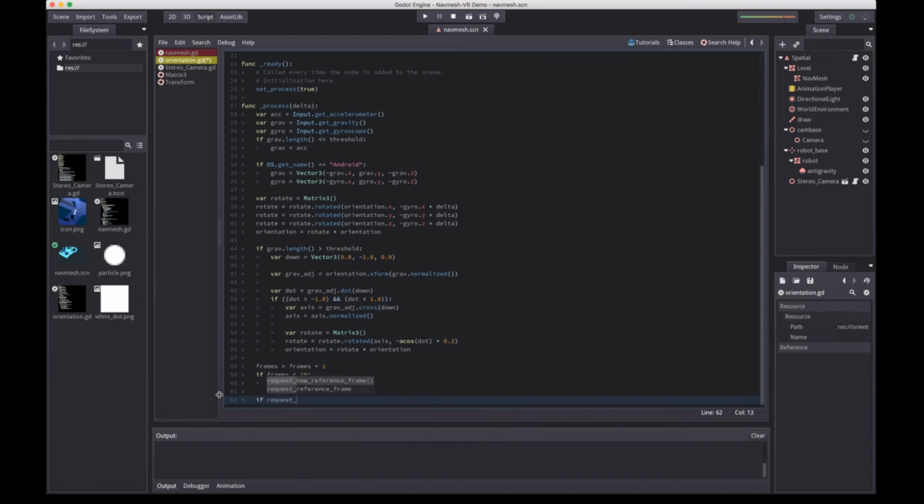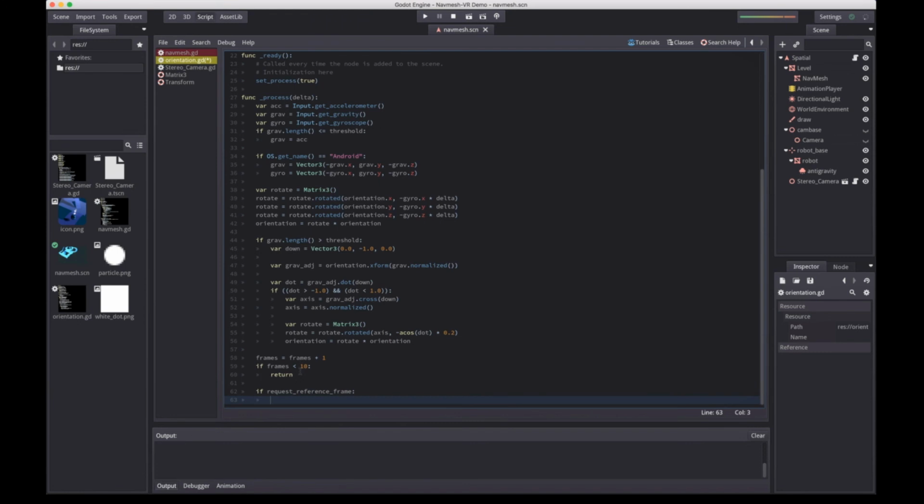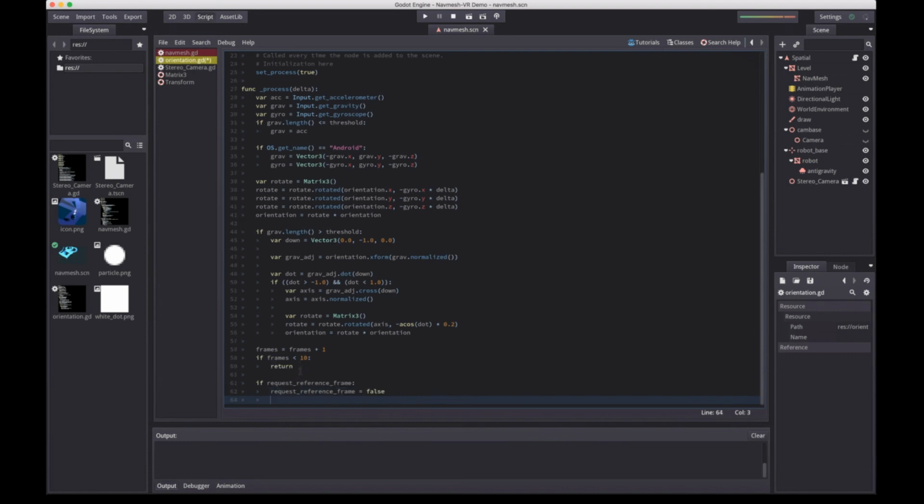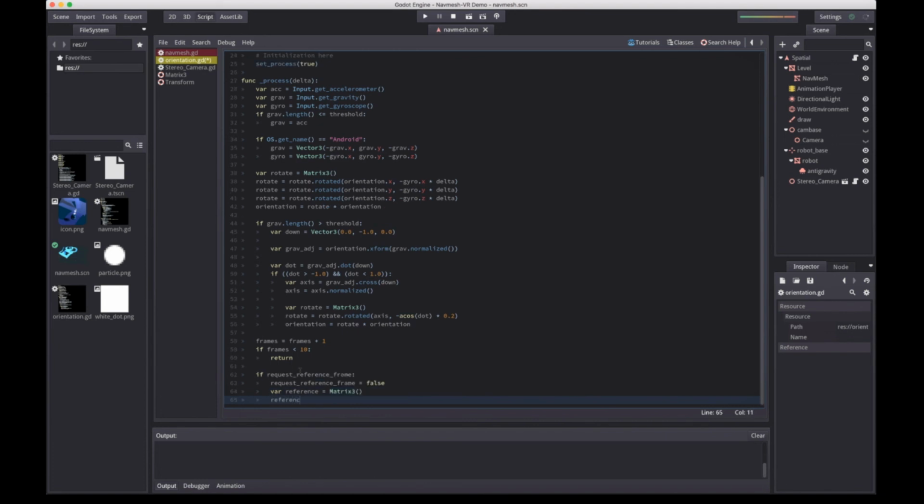But if I am past frame number 10, I'm going to check was a new frame requested, then I need to go and update this. So obviously we only do that once. Once we've done that, we're happy. We're going to start constructing a new reference frame, and we're going to build that from our current orientation.